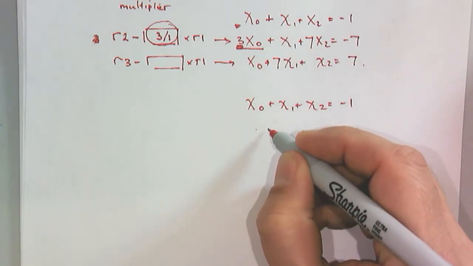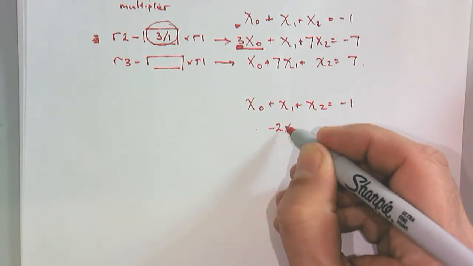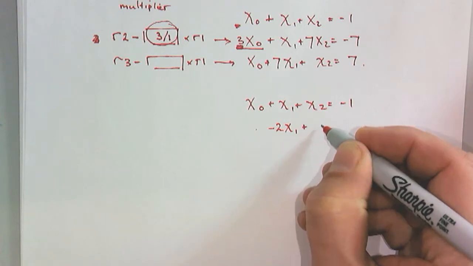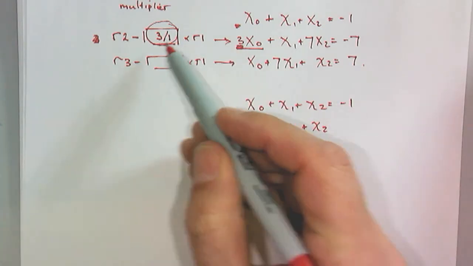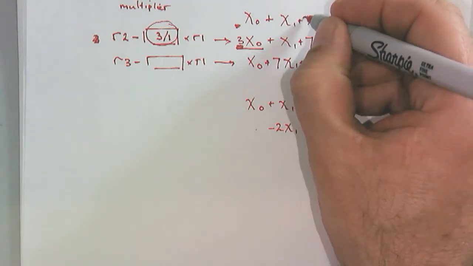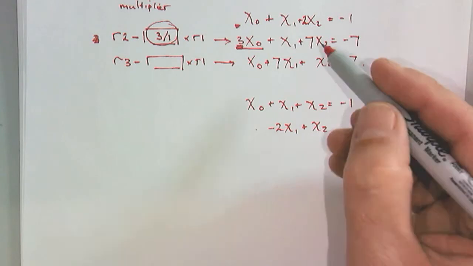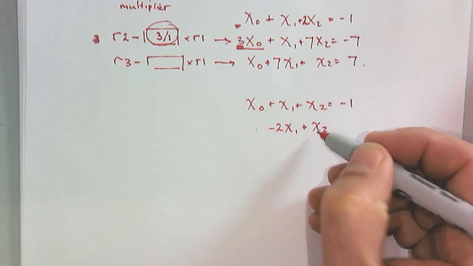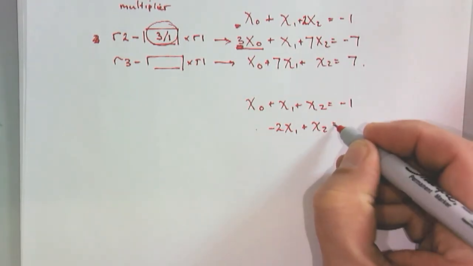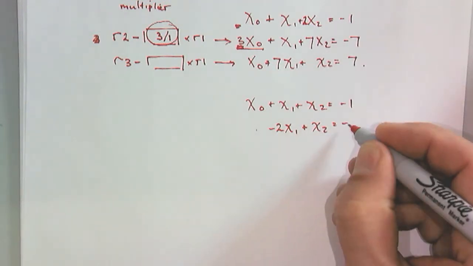So that makes it, let's see, minus 2 chi 1 plus chi 2. Because you do minus 3 times chi 2. Oops, there should have been a 2 here. Minus 3 times 2 is minus 6, plus 7 is 1, so that's where the 1 comes from. And then minus 3 times minus 1 is 3, minus 7 is minus 4.